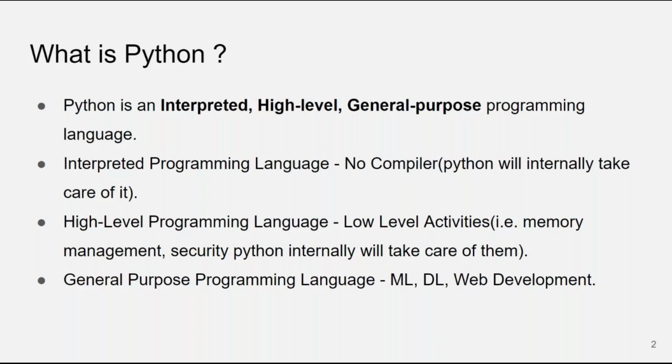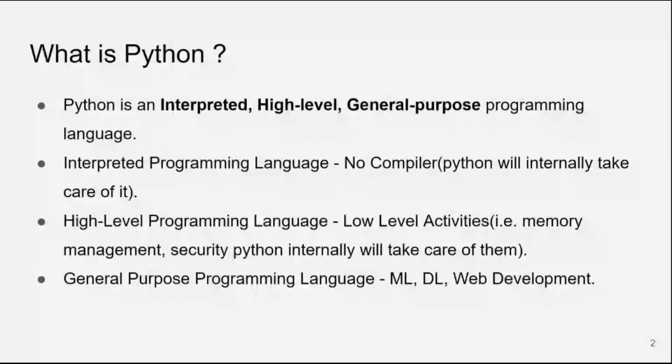All right. So moving on, the next keyword is high level programming language. So what do you mean by high level programming language? All the low level activities. What do you mean by low level activities? Like memory management. You're writing certain code, it's going to generate a lot of files and all. How are you going to handle all these files?